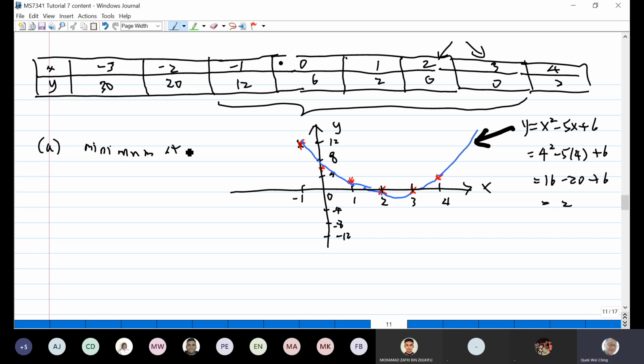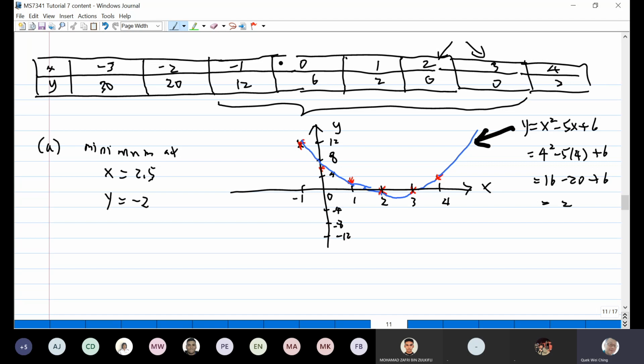If you draw the graph accurately, you more or less can see the minimum at x equal to 2.5. So what is the y there? From the graph, we can tell about minus 2, right?